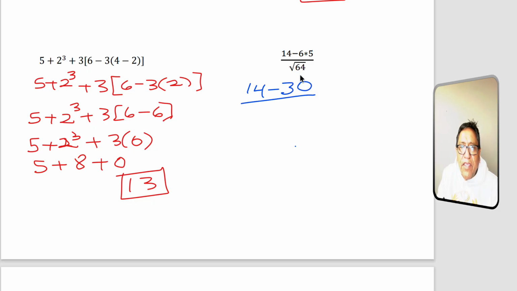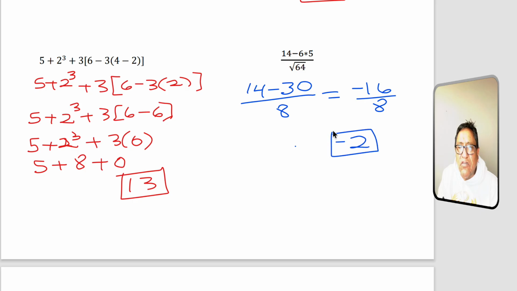Divided by the square root of 64, which will be 8. Now 14 minus 30 will be negative 16. Divided by 8. So negative 16 divided by 8 will be negative 2, which will be the solution.